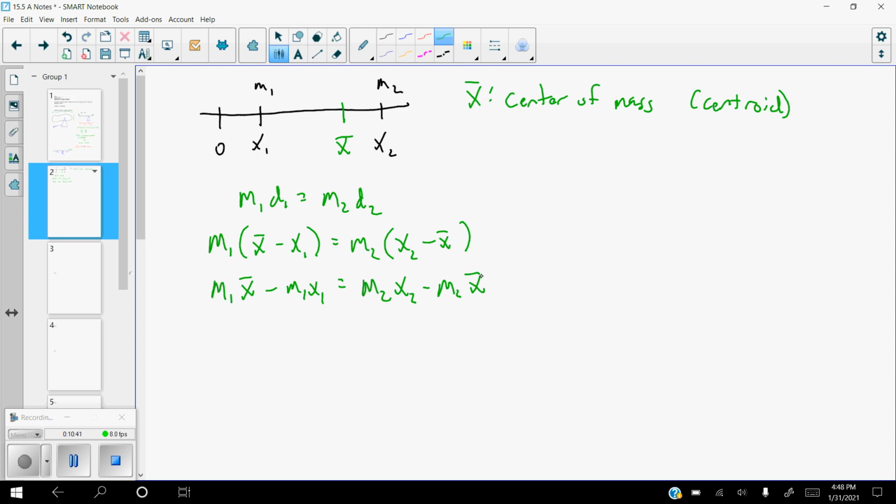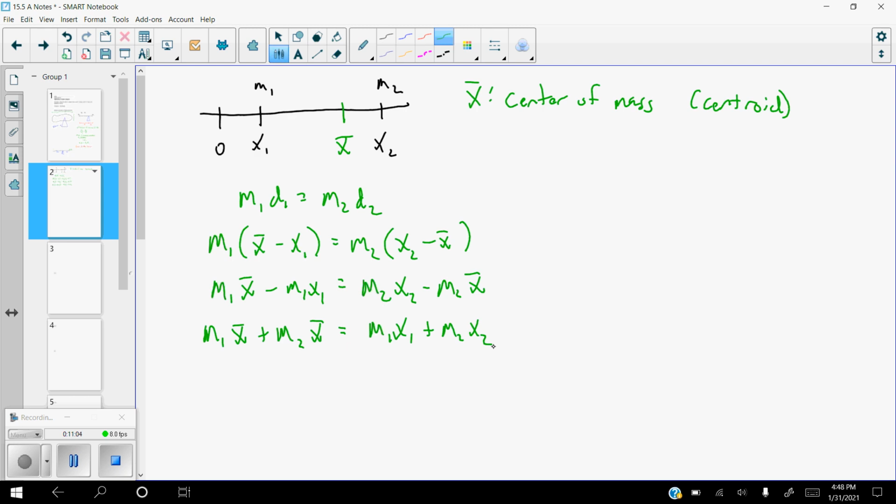Meanwhile, I'm also going to add M1 x1 to the right. So we're going to get M1 x bar plus M2 x bar equals M1 x1 plus M2 x2. And then I'm going to do this next part in one step.